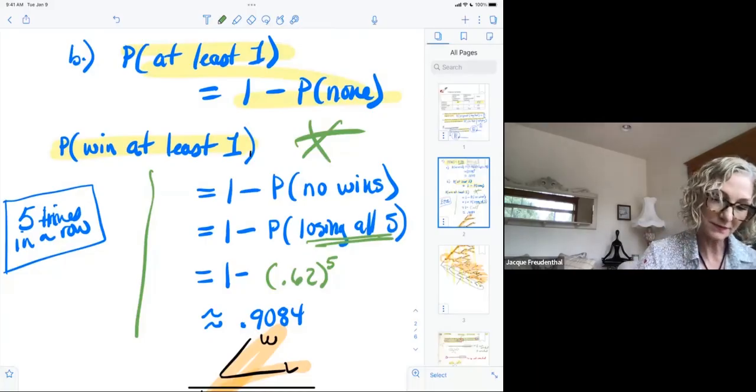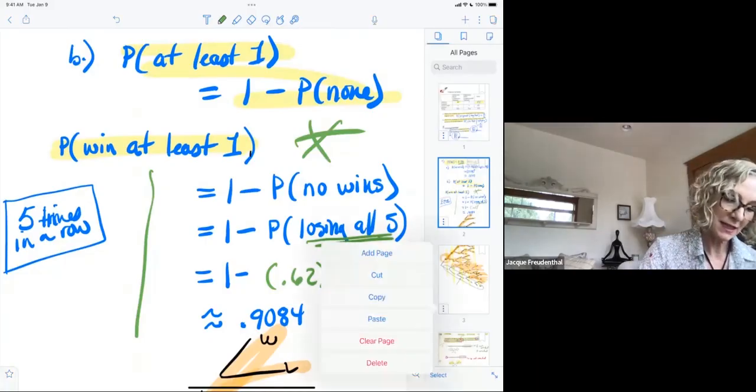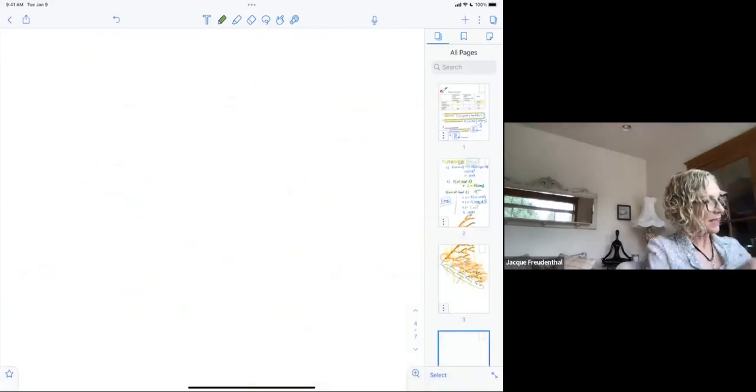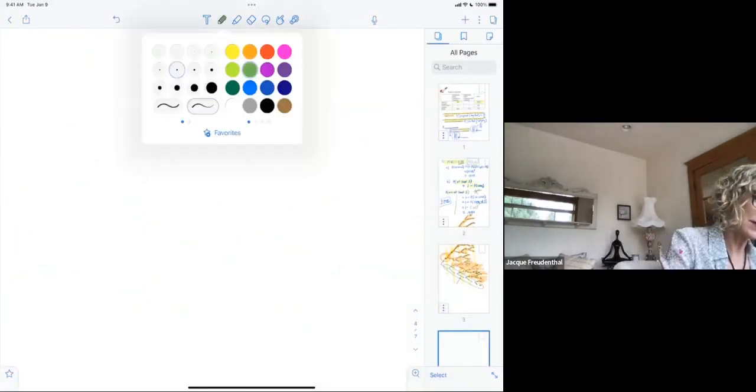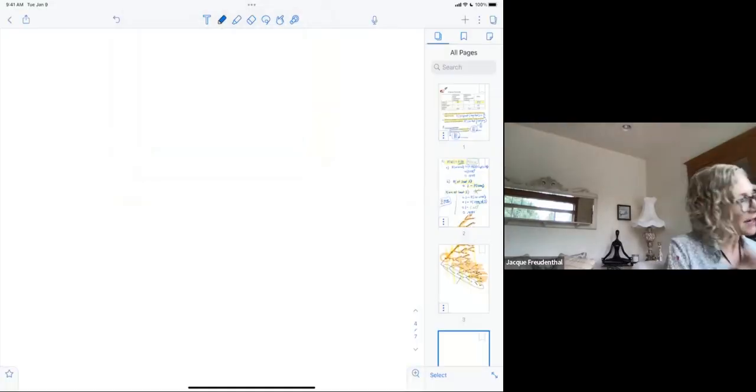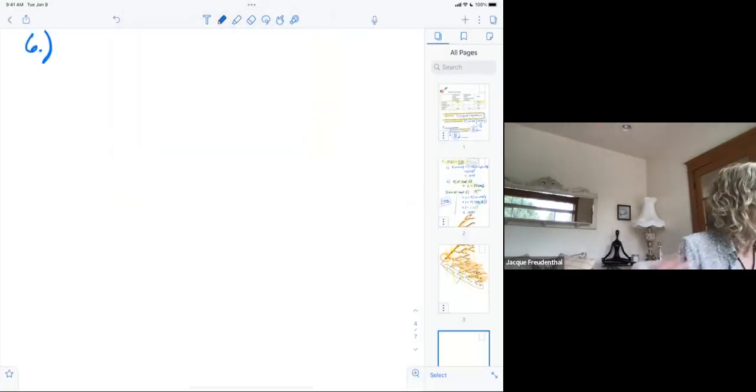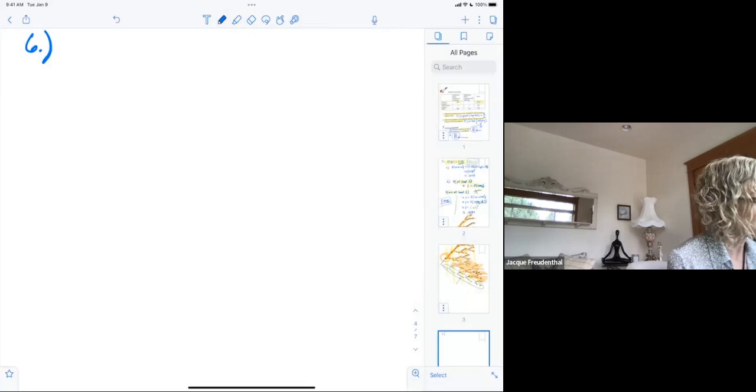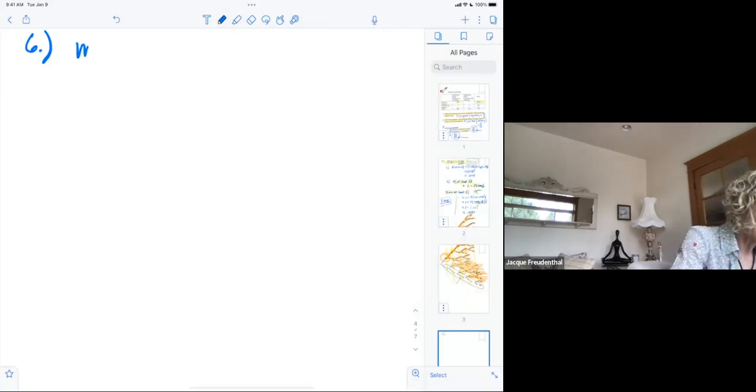Okay, moving on. The next problem on the next page has to do with drag racing. This is number 6. A drag racer has 2 parachutes, a main and a backup.